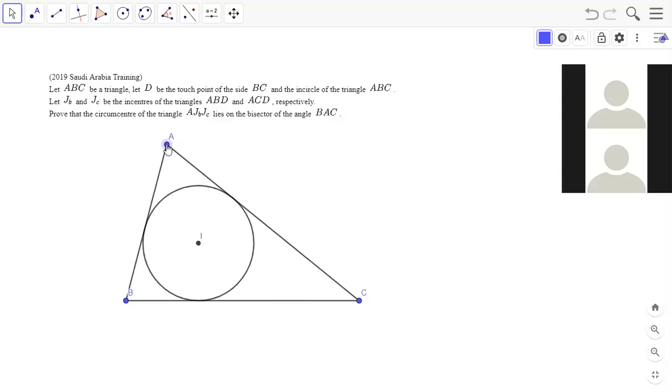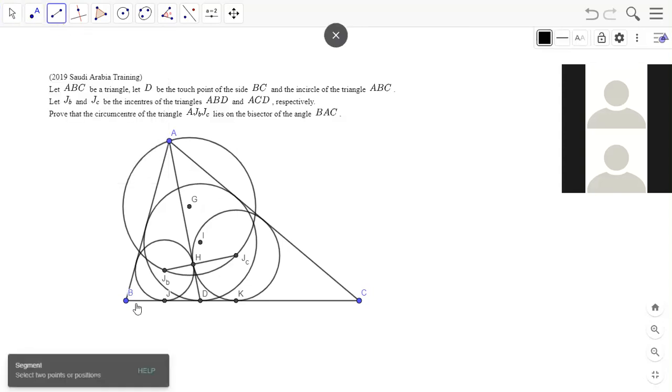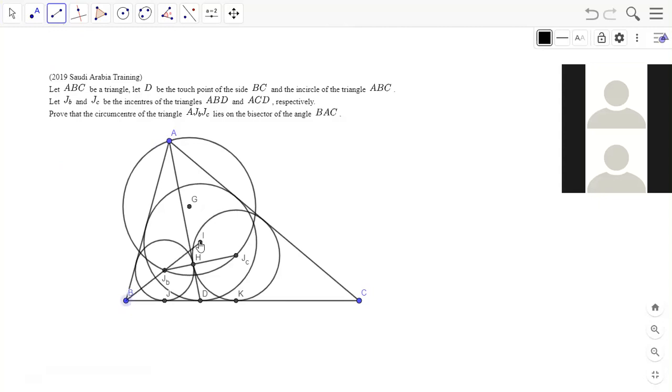Oops. The diagram disappears so easy. So I might as well draw this segment and this segment.